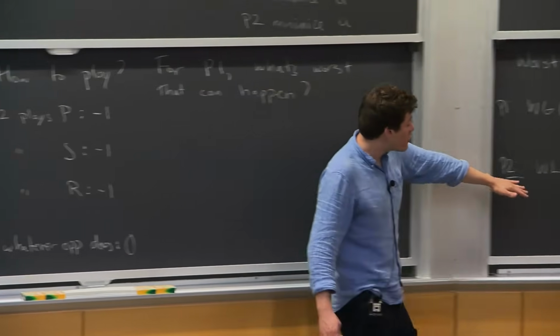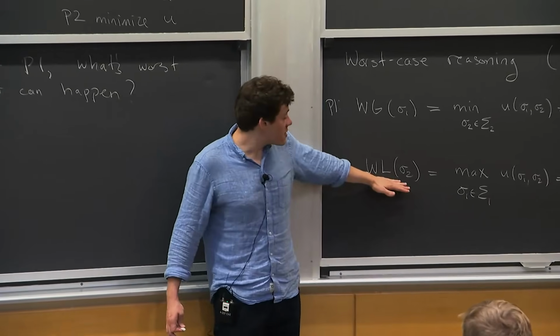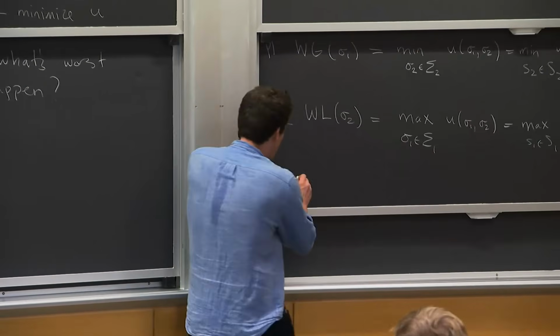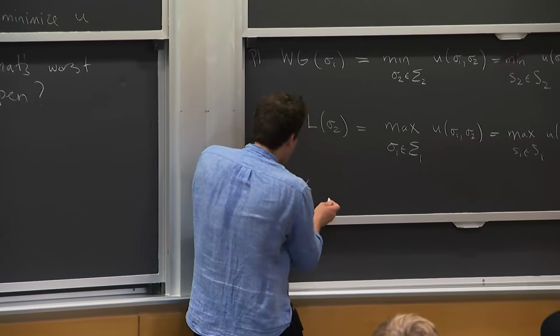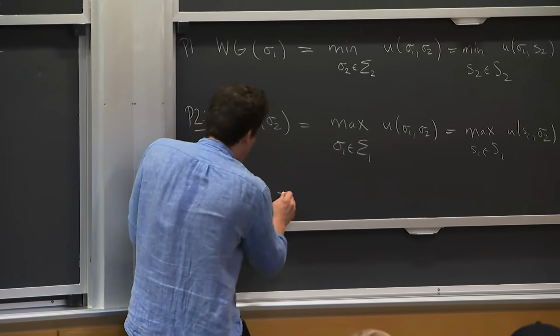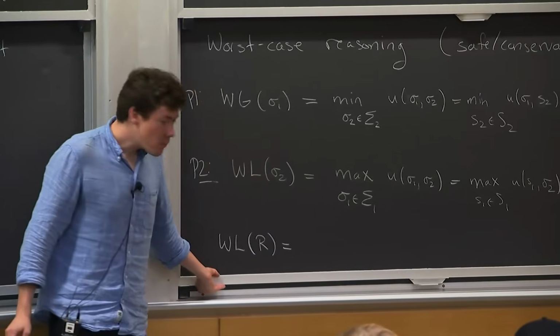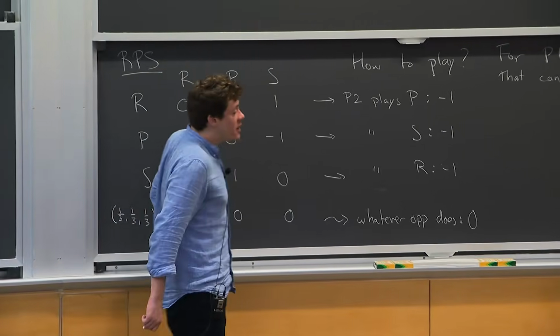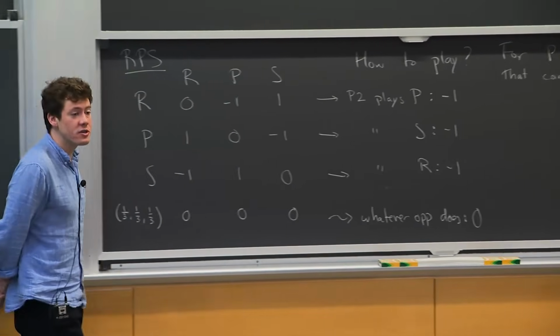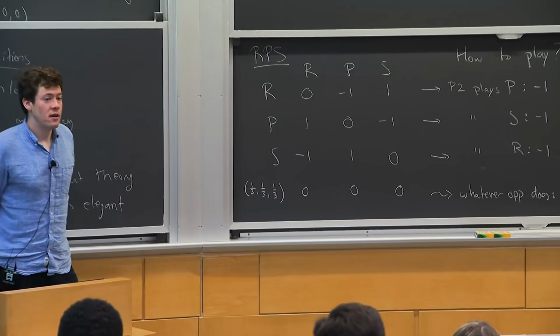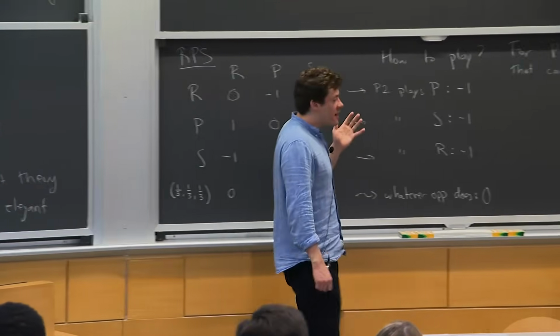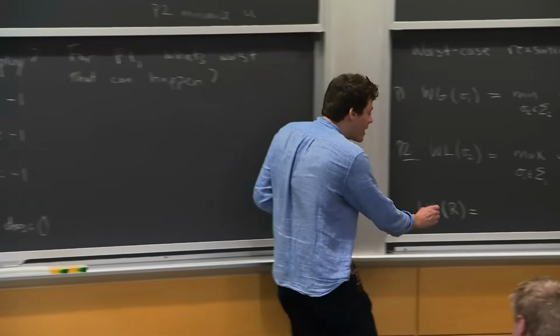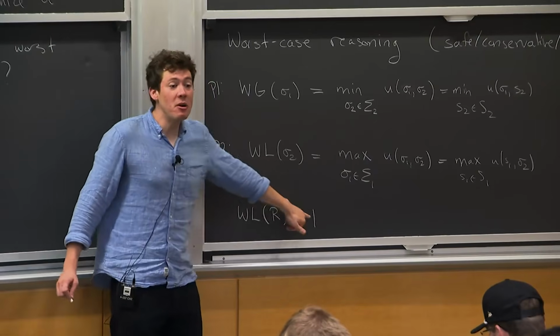And similarly for player 2, the worst loss, and maybe since we haven't worked with player 2 much, let's be careful. The worst loss for player 2 if they play R in this game would be what? Let's say I'm player 2 and I play rock in rock, paper, scissors. What is my worst loss? So we have to be careful here. It's actually 1, right? You might be tempted to say -1, but remember, this is how much I'm losing, right?